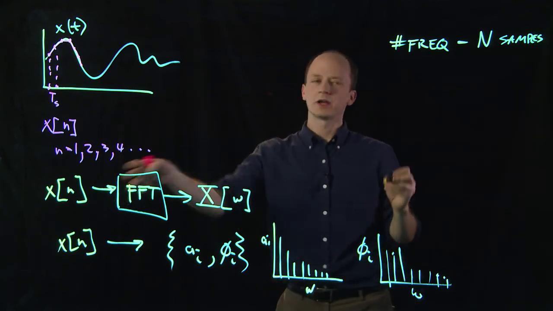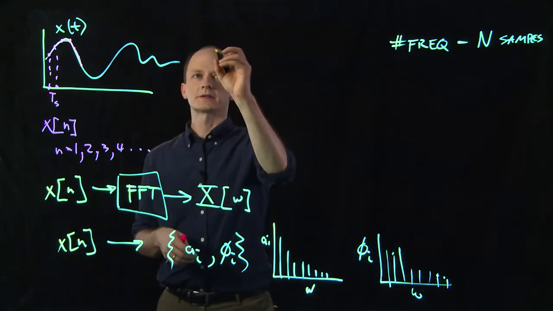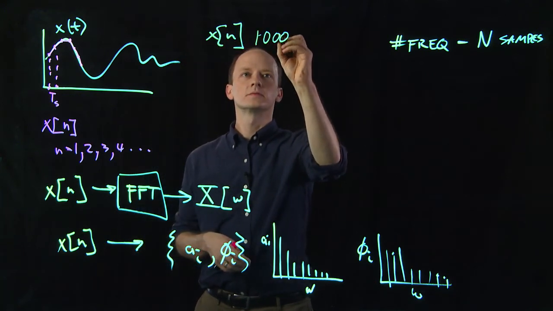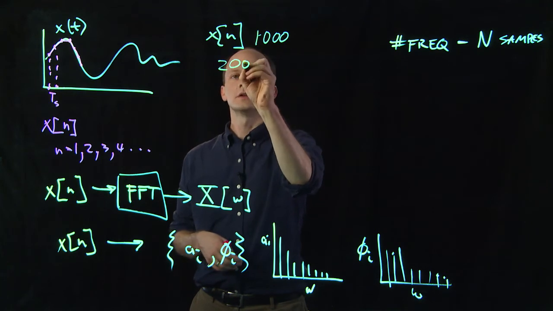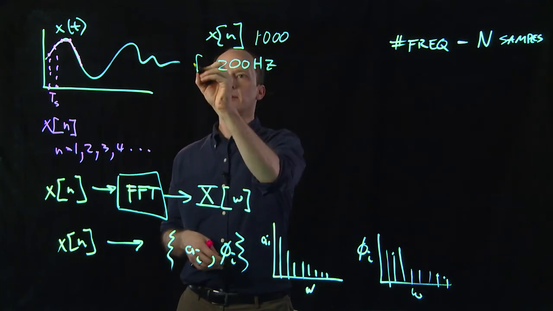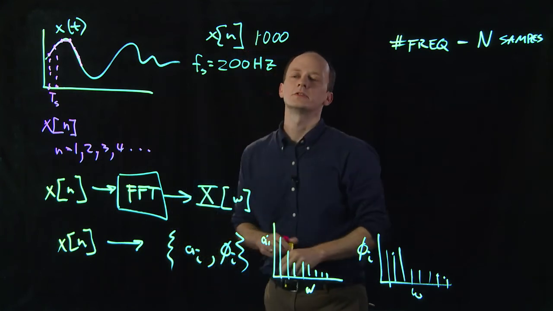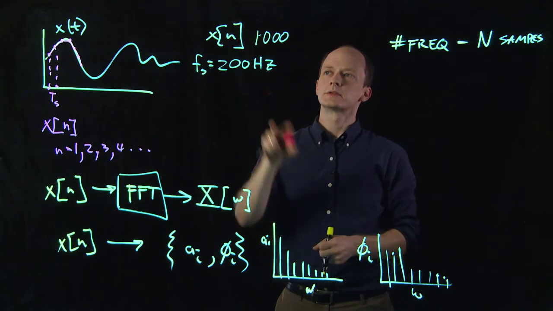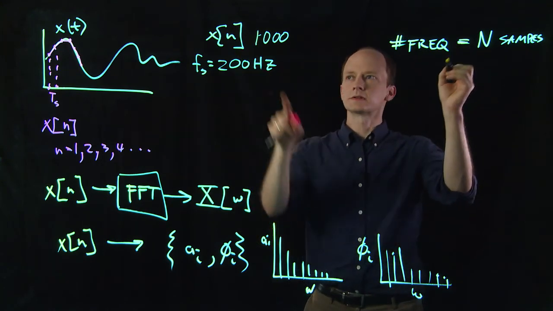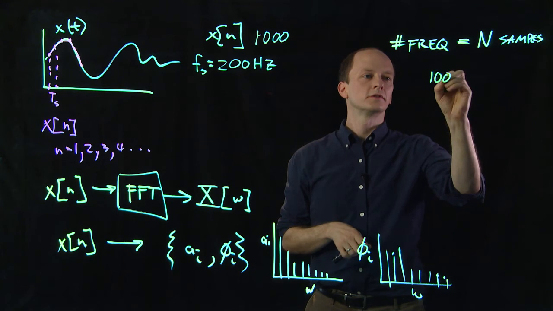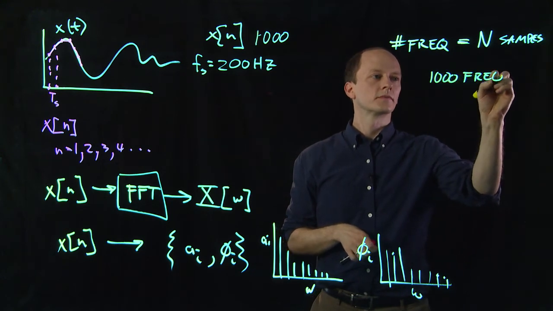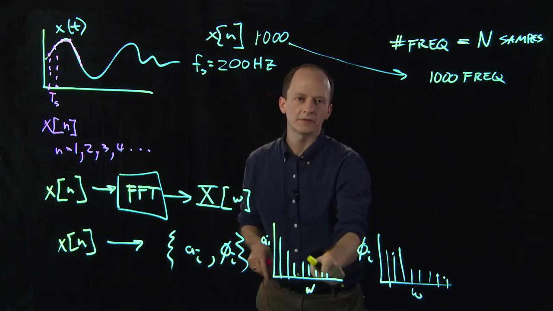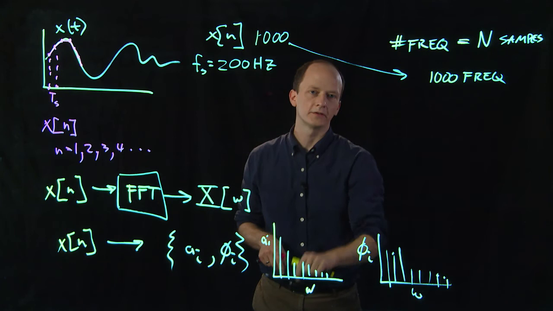So let's say we have an x of n which has 1,000 samples created by sampling something at 200 hertz, our sampling rate. 200 samples per second means we've sampled it for 5 seconds. Then we're going to get 1,000 frequencies out in this case. So when we make our plot, we'll have 1,000 values of amplitudes and 1,000 values of phases.